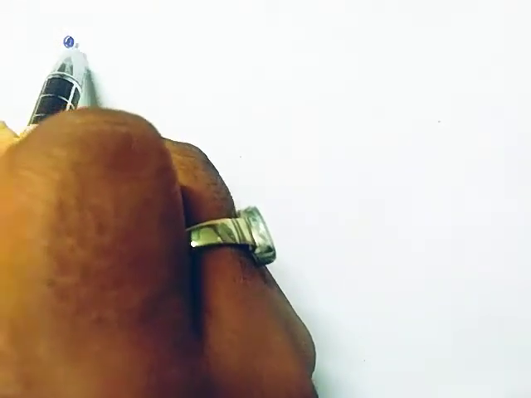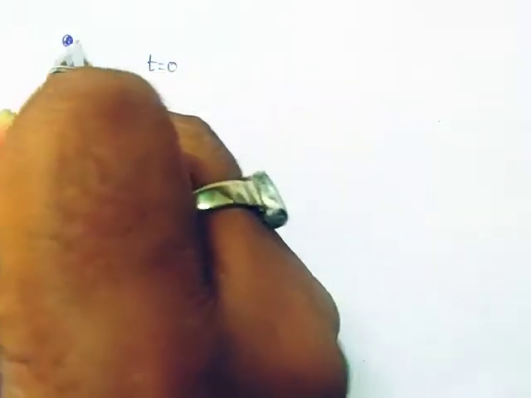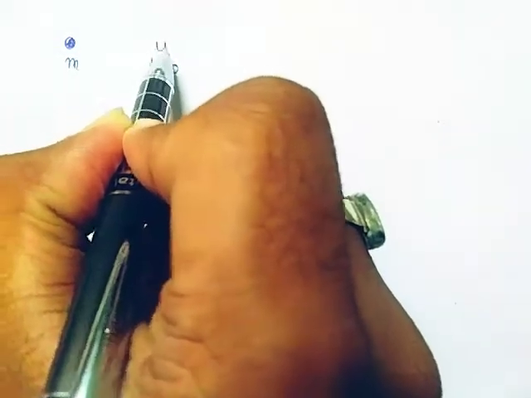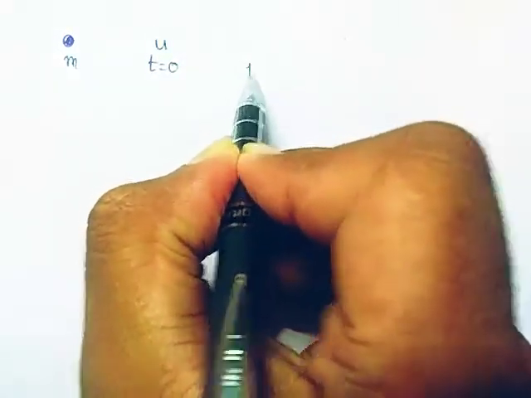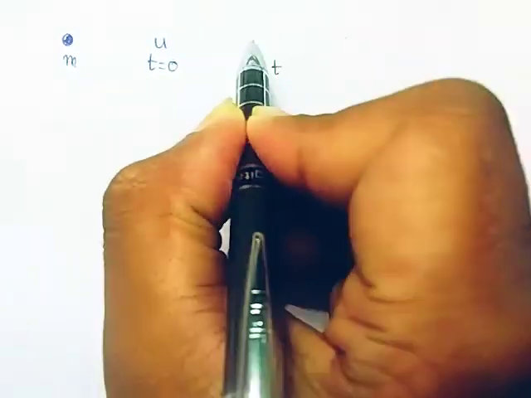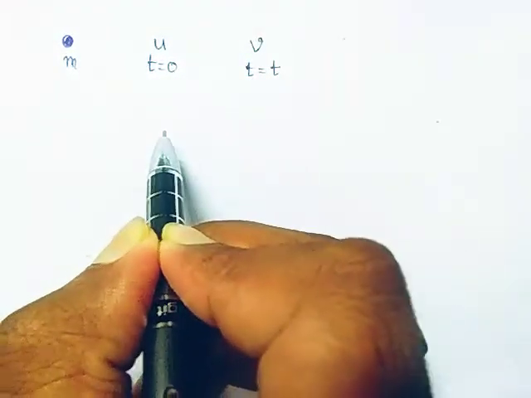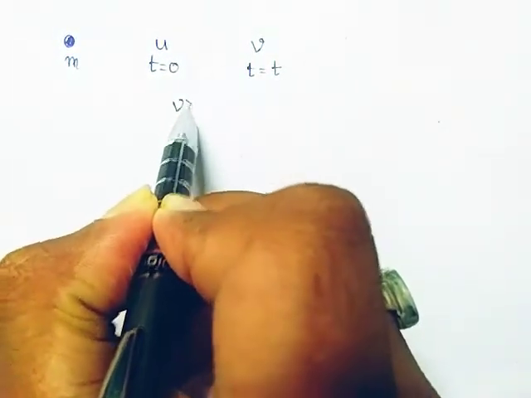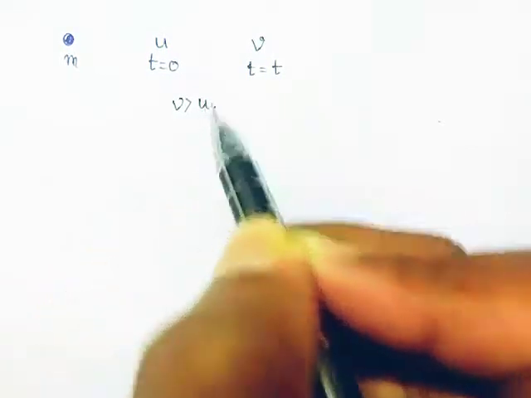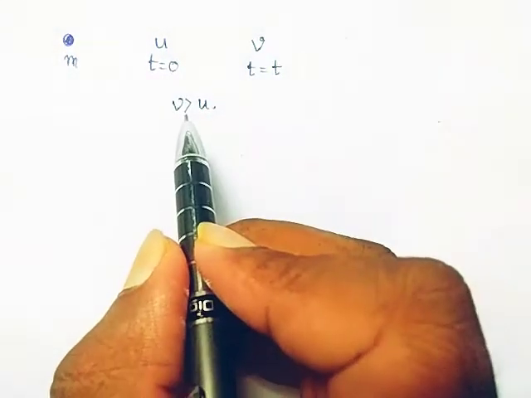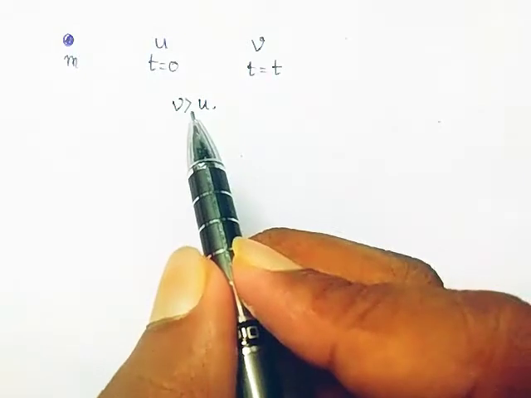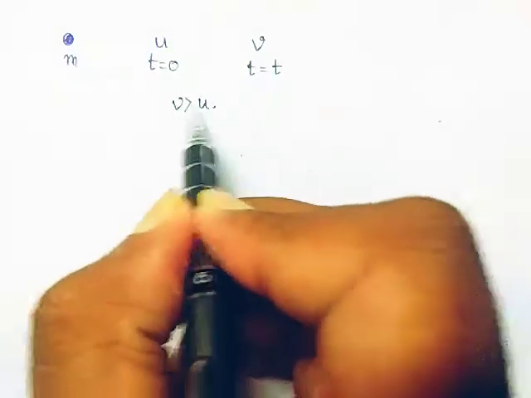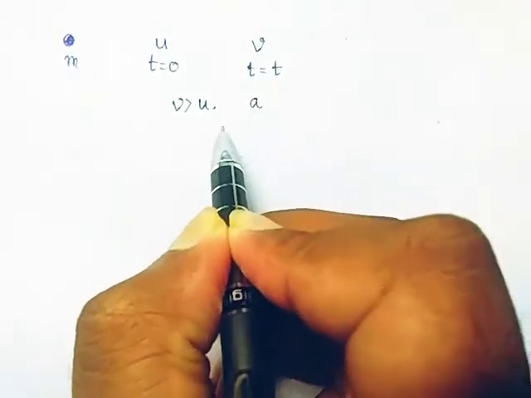So a particle of mass m, initially at t equal to 0, is moving with a velocity u, and after the time t equal to t, its velocity becomes v. Here we consider that the velocity of the particle after the time t is greater than u. So since the final velocity is greater than the initial velocity, we can say the particle is accelerated by a.